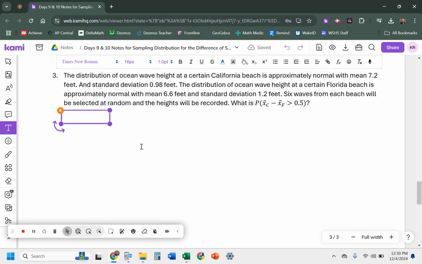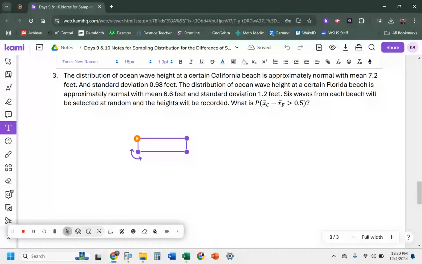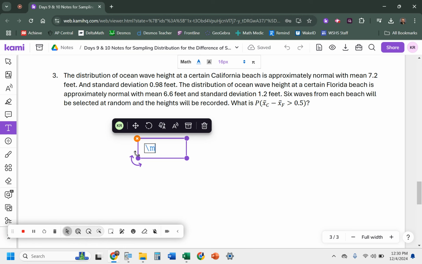So let's start back with the waves at the beaches. The distribution of ocean wave height at a certain California beach is approximately normal with a mean of 7.2 feet and a standard deviation of 0.98 feet. So these are population values. I'm going to have mu, and we'll use a capital C for California.